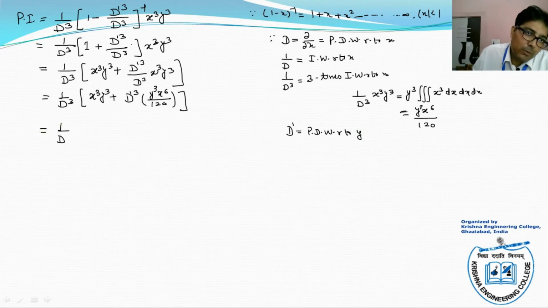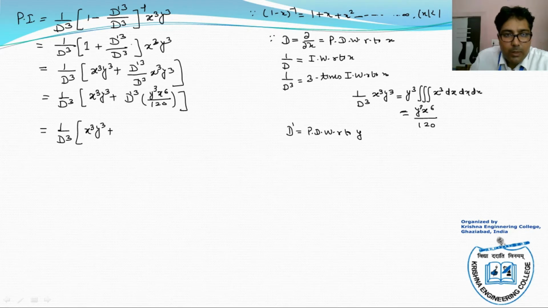So this becomes 1 upon D cubed of x cubed y cubed plus differentiate 3 times, D dash cubed of y cubed x to the power 6 by 120, which is 1 by 20 x to the power 6.